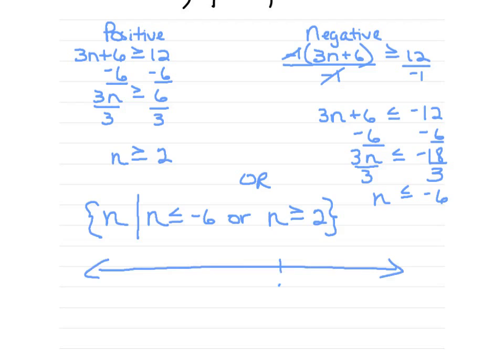So I would put 0 here, positive 2 there, negative 6 there. We have closed circles on both of those. And so n is smaller than negative 6, greater than positive 2. And that would be the graph of our solution.